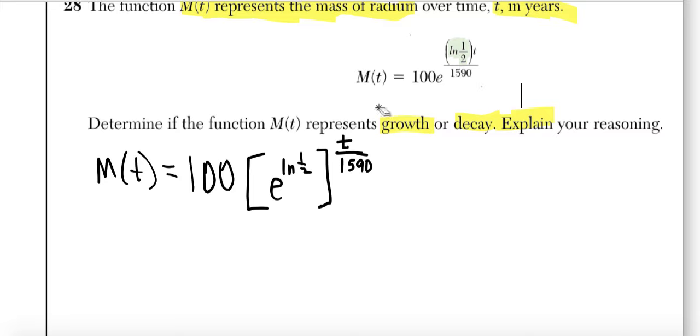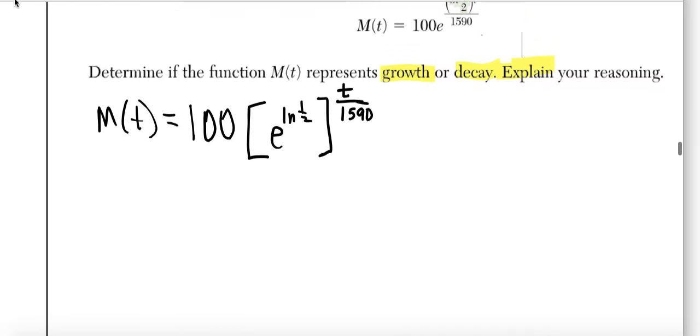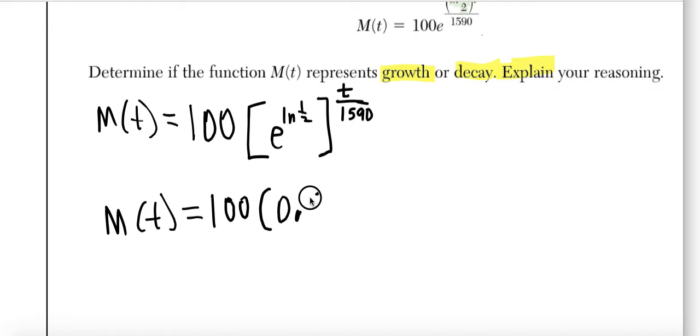So this becomes m of t equals 100 times either you could say 1/2 or 0.5 to the t over 1590. So it's not doubled every 1590 years. It's cut in half. It's multiplied by half every 1590 years.